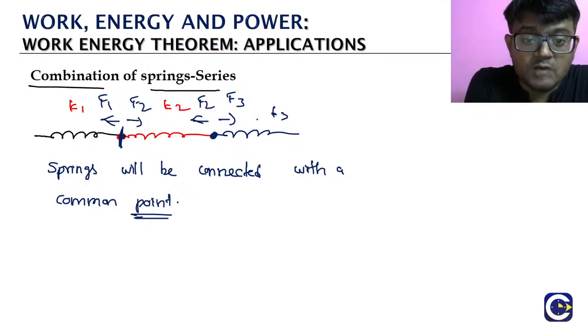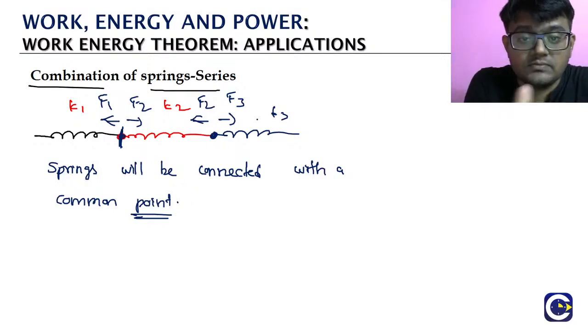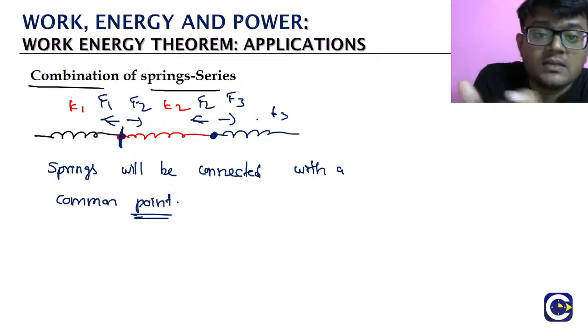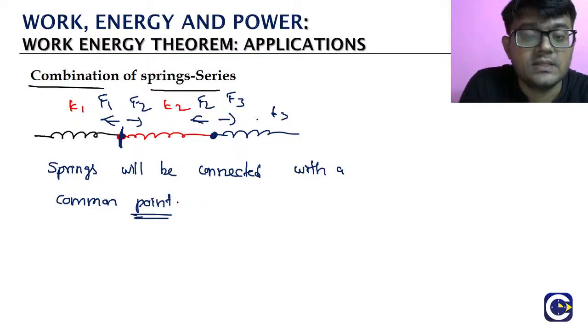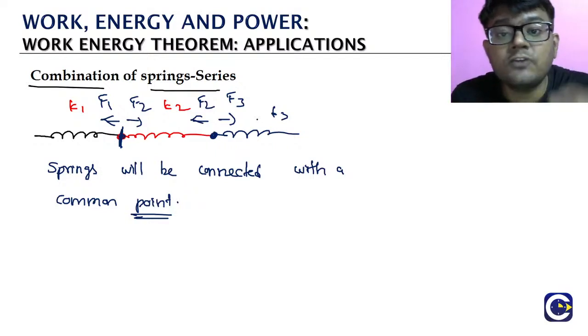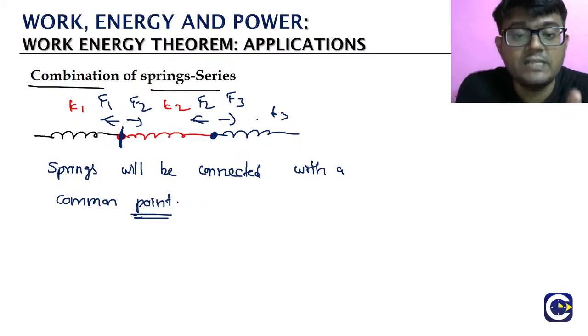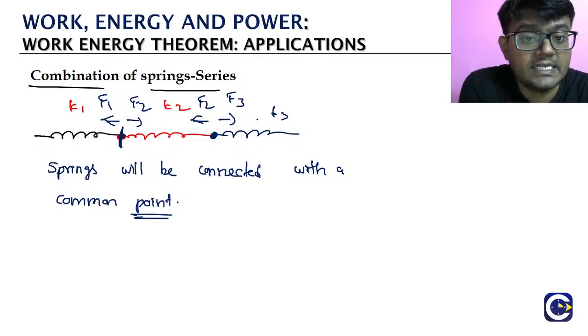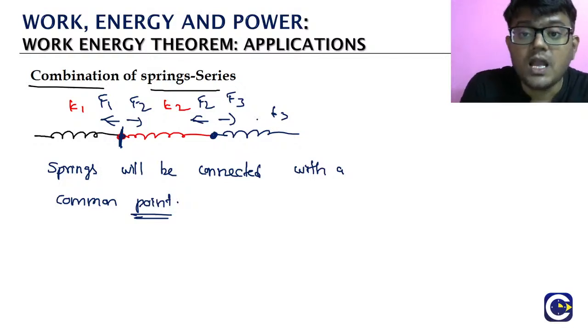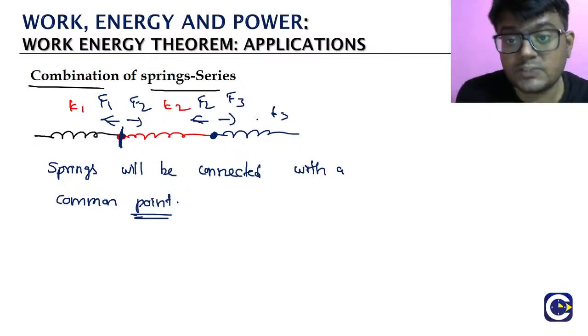If the force is not balanced, the common point will keep moving, right? So whenever we have springs in series, the common point should have a force balance. Force balance means the force on one side should be equal to the force on the other side. On one side you have a force due to one spring, on the other side a force due to the other spring.